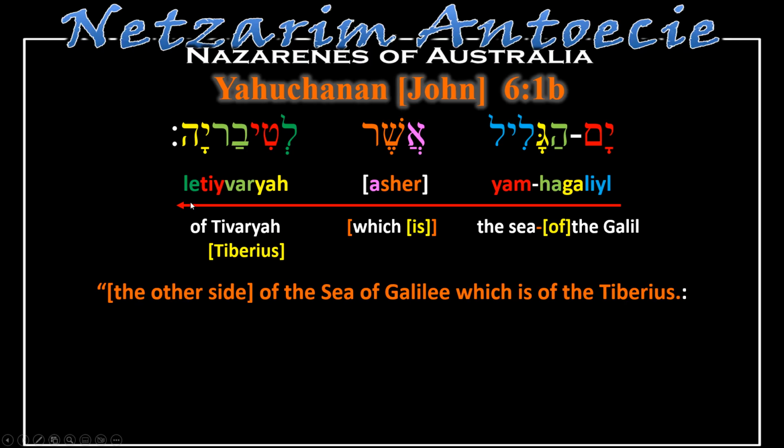It could be to the Tivarya or of the Tivarya. And of course, the modern translation is Tiberius. That's how it's often translated, because that's sort of the Greek form. The other side of the Sea of Galilee, which is of the Tiberias. And it's often translated the Sea of Tiberias, if we remember.